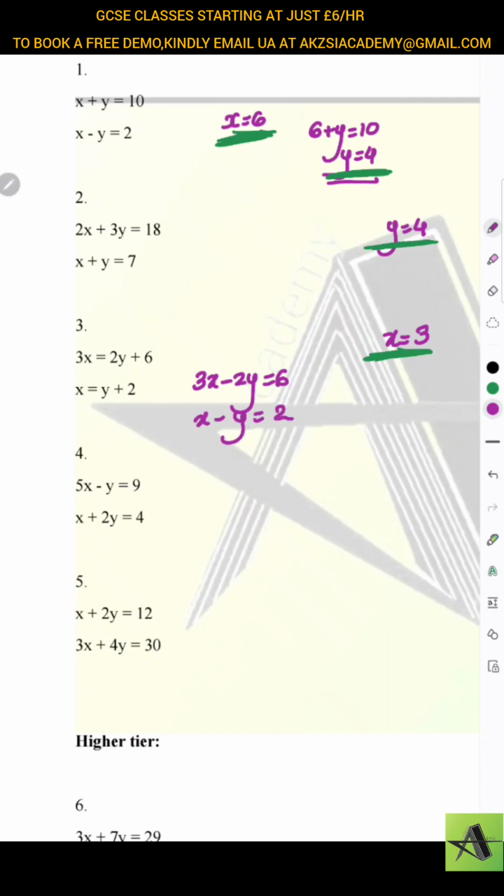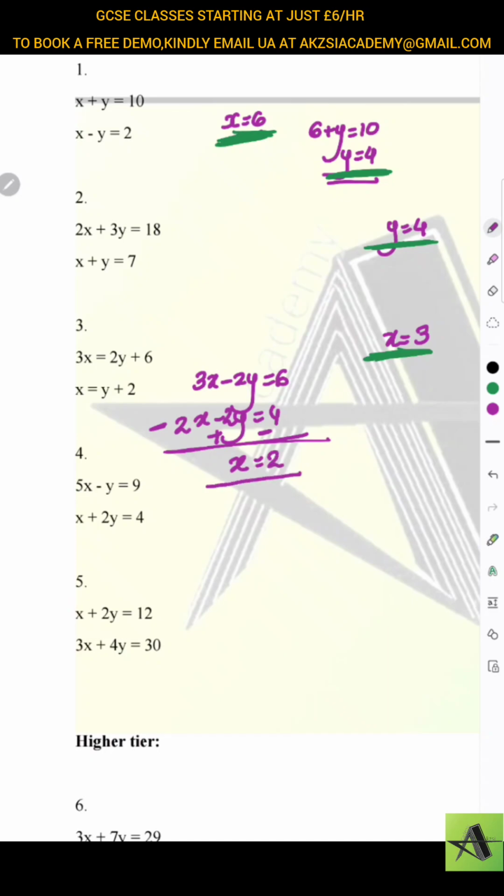Let me make the coefficient of y the same. For that I'll multiply this with 2. Now multiply this with 2 and this will become 4. And now we have to subtract. So subtract, subtract, subtract. 3x minus 2x is just x. Minus 2y plus 2y is 0. 6 minus 4 is 2.